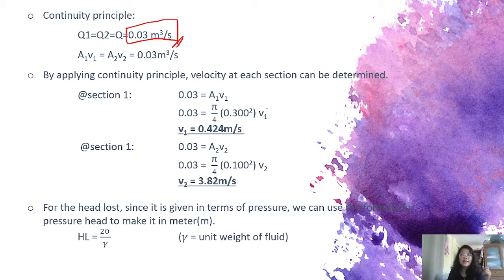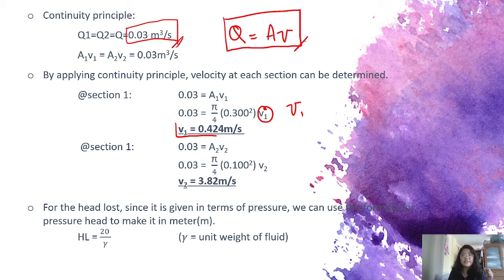So, velocity at point 1, so V1, is equal to the flow of 0.03 divided by the area of pi over 4 by 0.3 squared. Okay, madali pa lang naman to kunin kasi gamit mo lang dyan na formula is Q is equal to area times velocity. And then at point 2, syempre iba na rin yon.